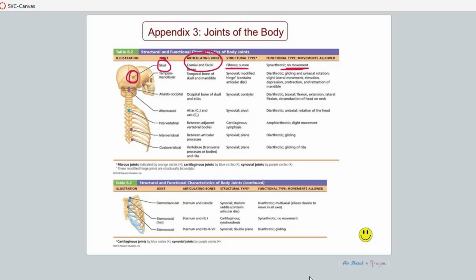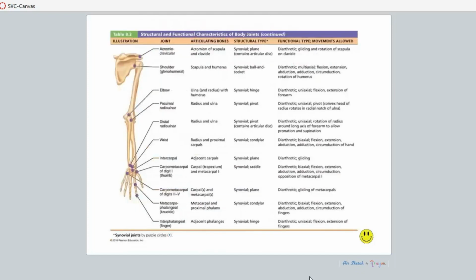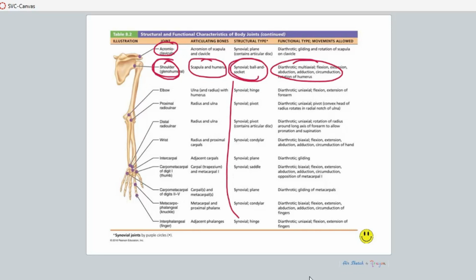Okay, so there's that. Here's your sternoclavicular joint, acromioclavicular joint. Here's your shoulder joint. Bones are the scapula and humerus. This is a synovial ball and socket joint, and there's all sorts of movements associated with that. And then look at these. All of these are synovial joints.